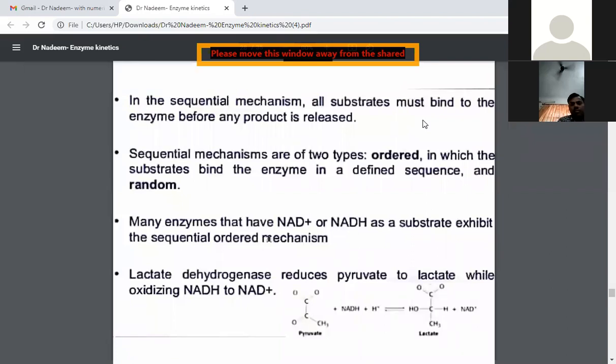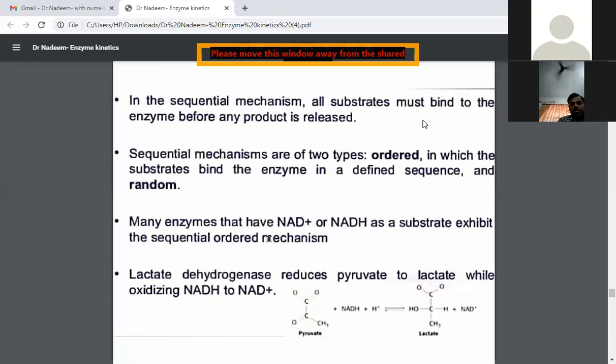First, take the order type sequential mechanism reaction. An example is given here of the last step of anaerobic glycolysis, where pyruvate is converted into lactate in the presence of NADH as the second substrate, second reactant. The first reactant is pyruvate, the second reactant is NADH plus H plus.